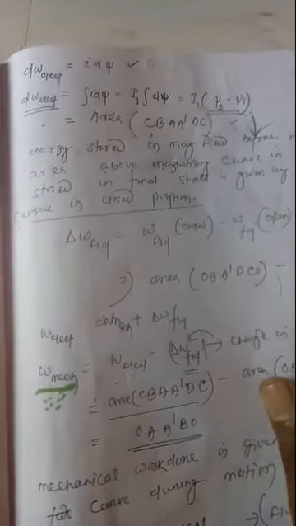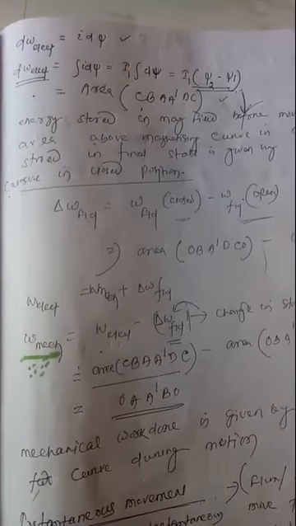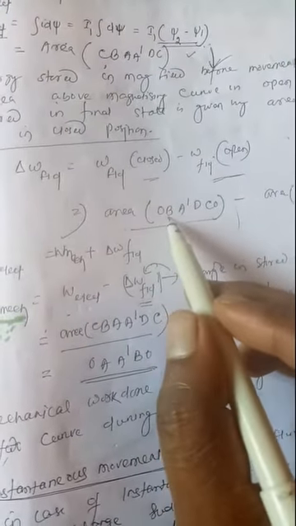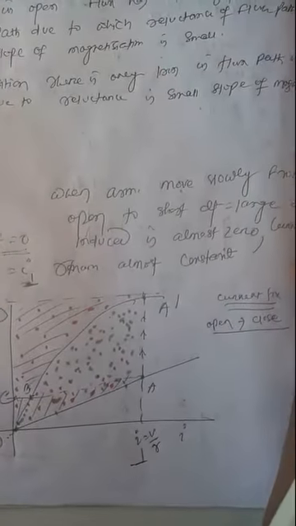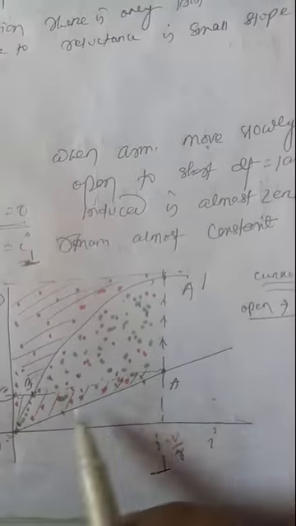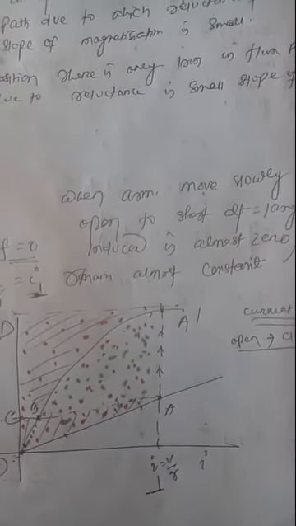This dW FLD will be equal to W FLD close minus W FLD open. Close is indicated by the area OBA'DCO, the energy stored in the field above the magnetization curve, minus W FLD open. This is indicated by the area OABCO, the upper portion of this condition. That one is your open condition.